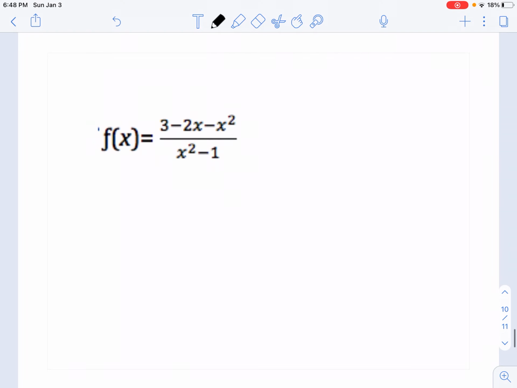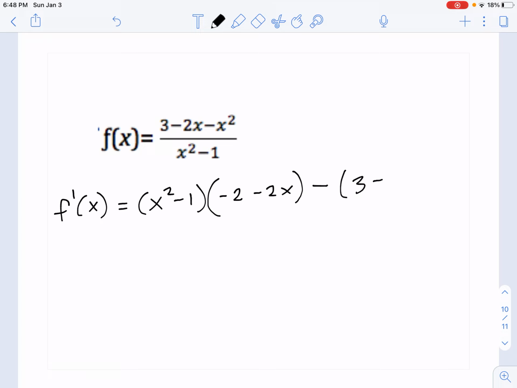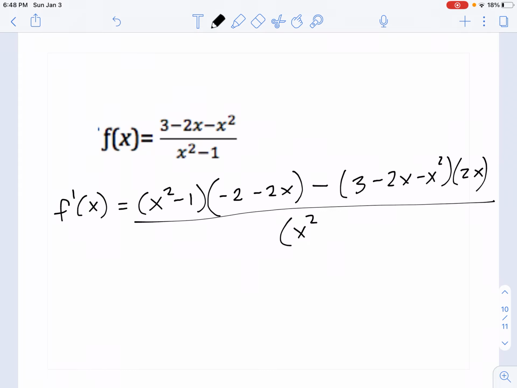Try this one on your own and then check back. So we have a low d high minus high d low, down below a square must go.